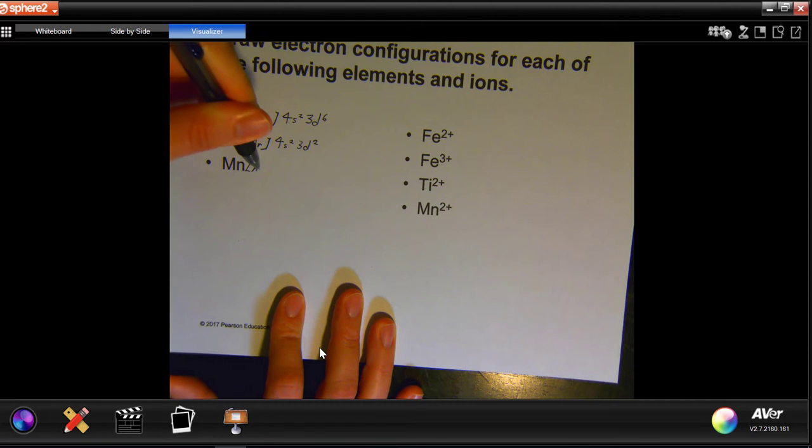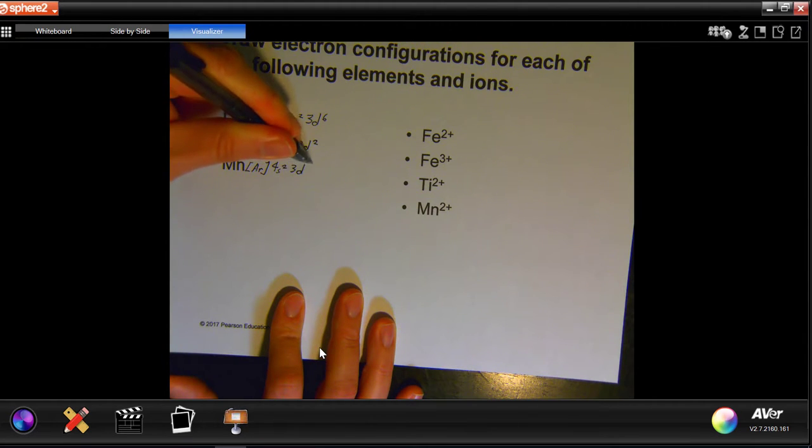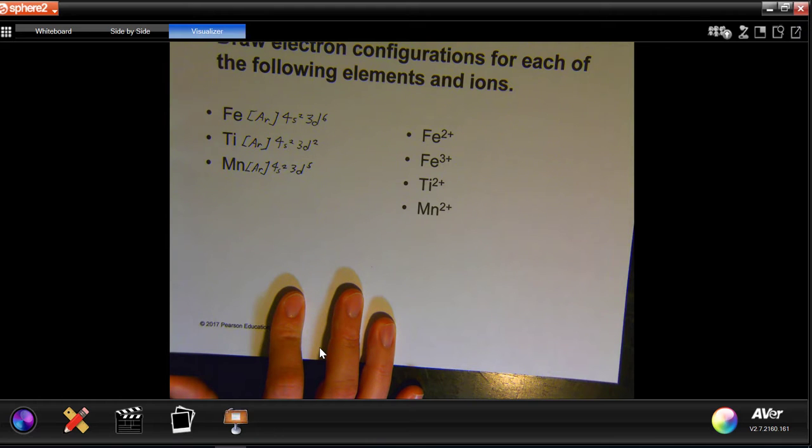Manganese, again, these are all in the fourth period, so the first transition metal series, and then 4s2, 3d5.